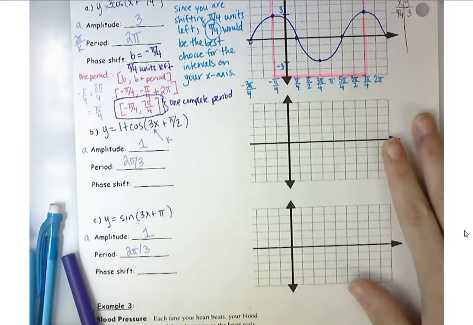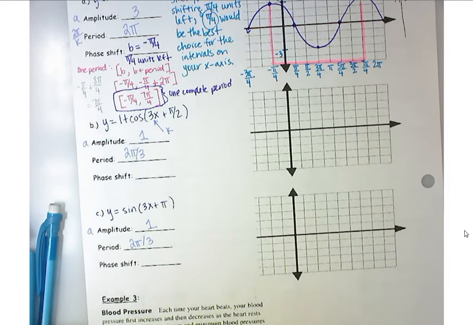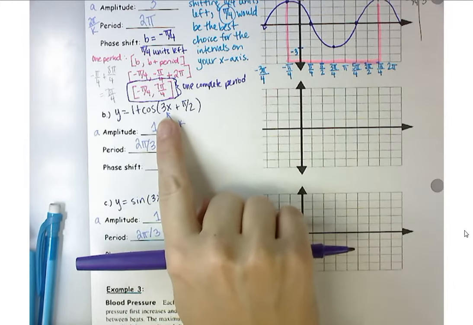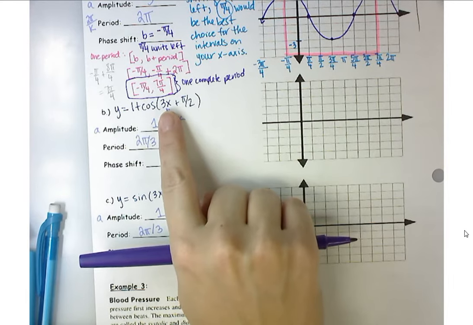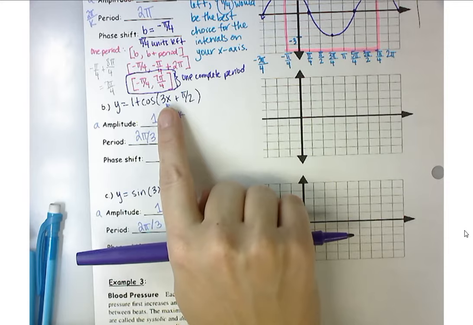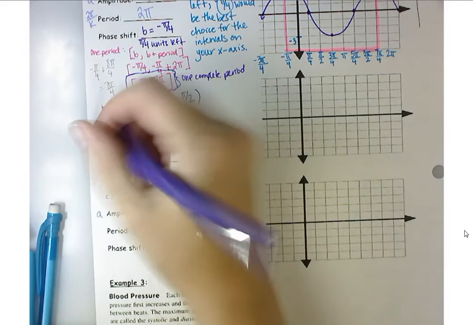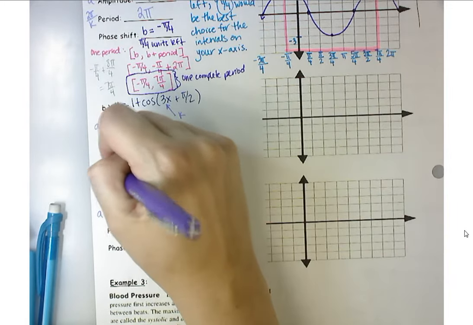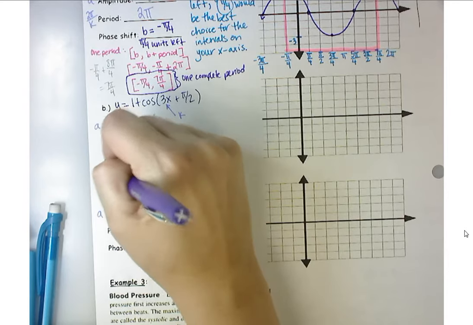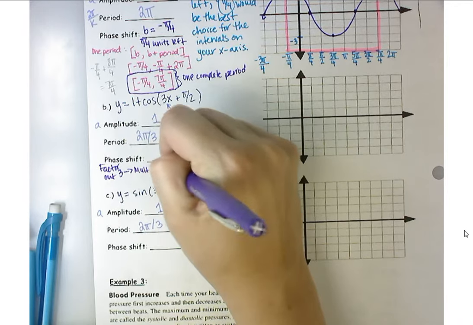Or a pen. Okay, so for this one we have to find our phase shift. So the phase shift is going to depend on what your K value is. So see how in front of the X we don't have a 1? So then what do we have to do? Factor it out. So when you factor this out, it's just like you're multiplying by what? Yep. So if you factor out the 3, you multiply by the reciprocal, which is what?